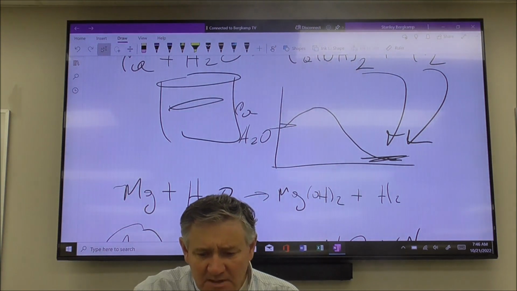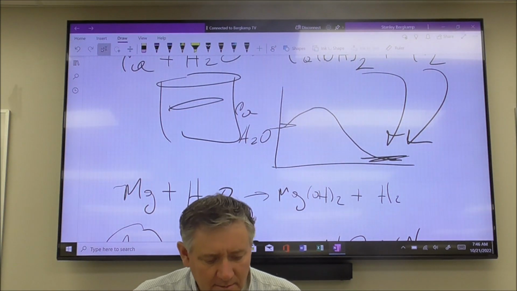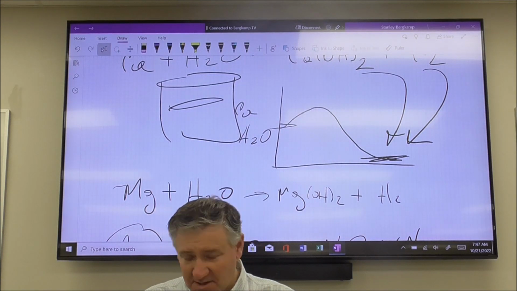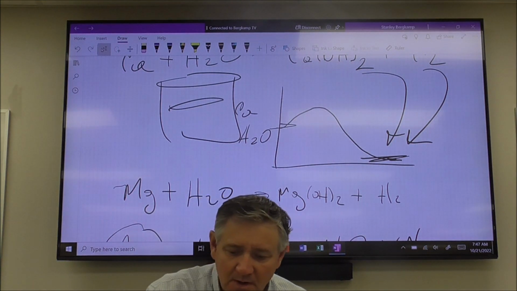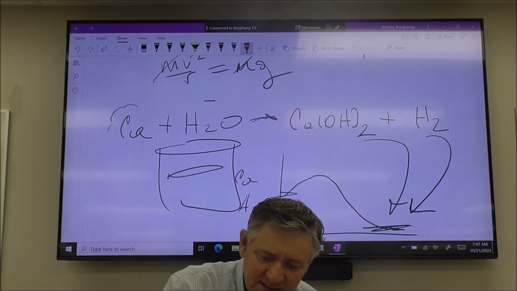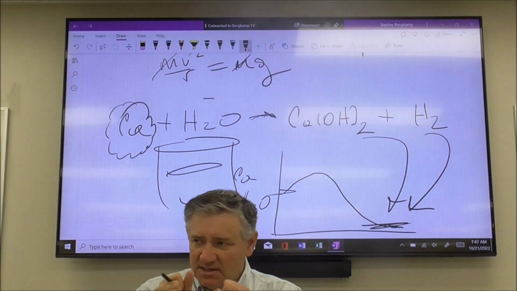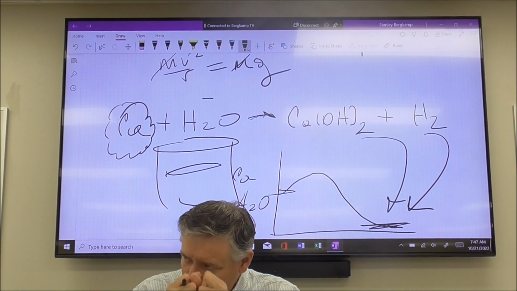Okay, so when metals react, and this is one of the key things that we're going to begin to, I'm just going to lay the groundwork now. When you had that chunk of calcium, it existed as a neutral atom.